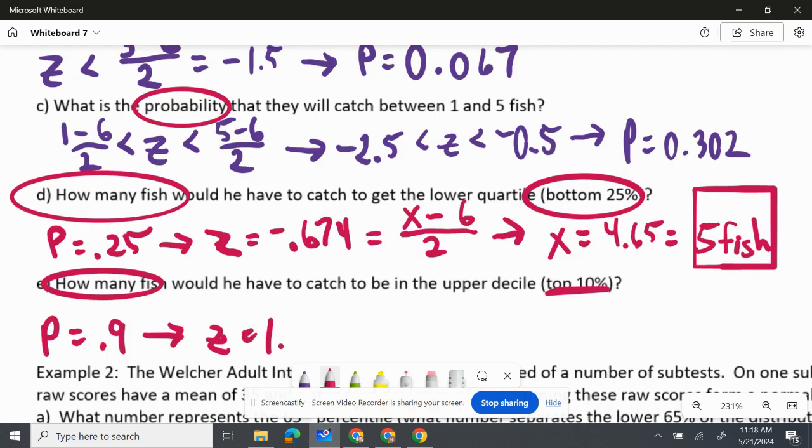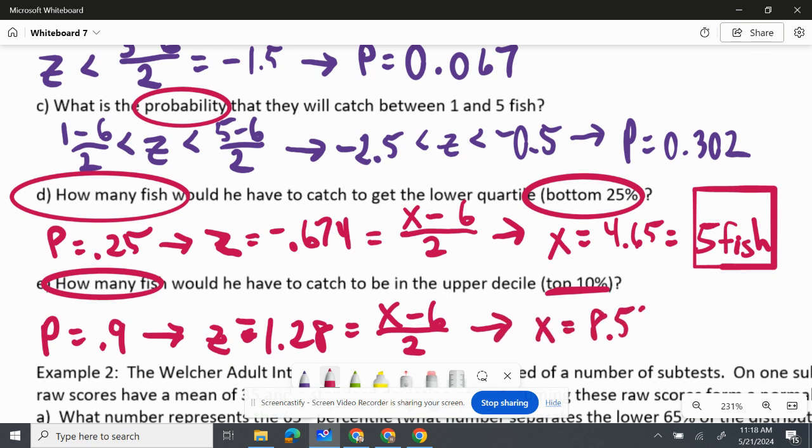So z equals 1.28, and that's equal to x minus the mean divided by the standard deviation. We're going to times the 1.28 by 2, and then add the 6, and that gives us x is equal to 8.56, which would be 9 fish.